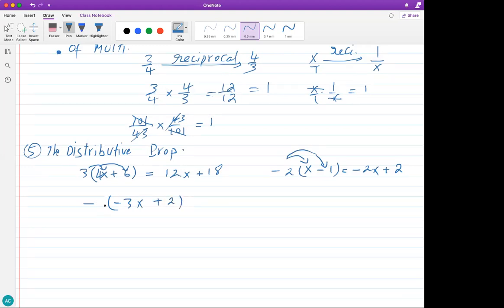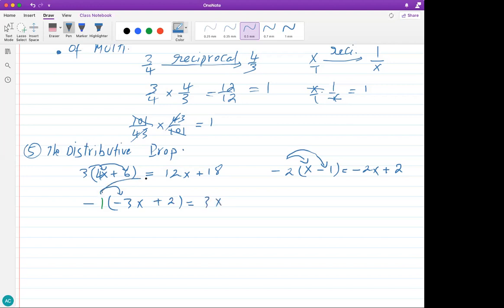It's basically a negative times what is inside. If you see a negative in front of parentheses, think of it as a -1, then do whatever you would do with any other negative number, for example, the -2 here. -1 times 3x would be negative 3x.